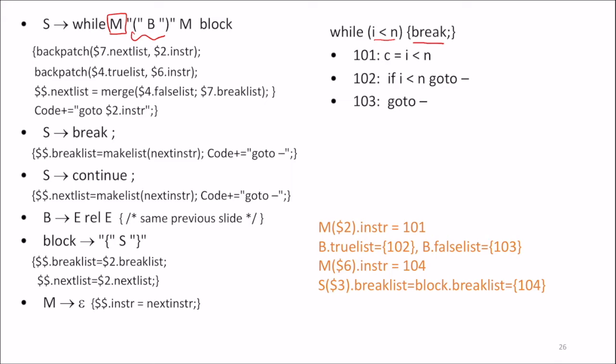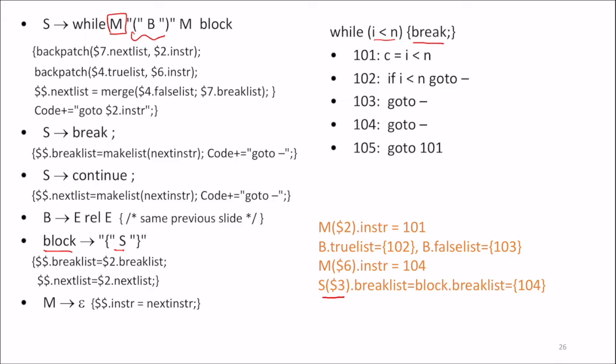And this case over here, the block break list, which is S, has to be assigned to the block. The block break list, which means where you would go if you wanted to get out of the while loop, would be 104.